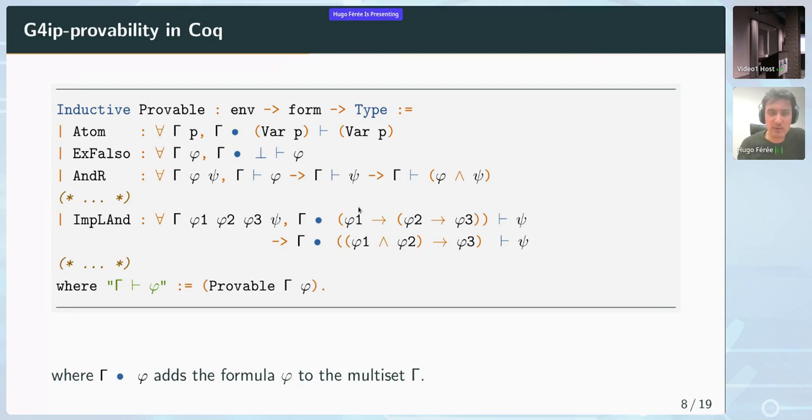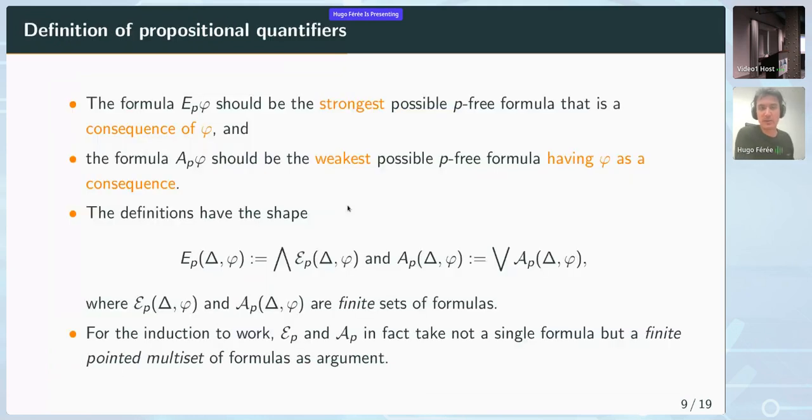And so you can see, for example, the imp and rule, which I'm going to use as an example later, looks like this. You should only notice that the bullet here is the construction that adds a formula to a multiset. And you see that this rule is really replacing a sequent with a given formula by another formula. This is just an excerpt of the definition.